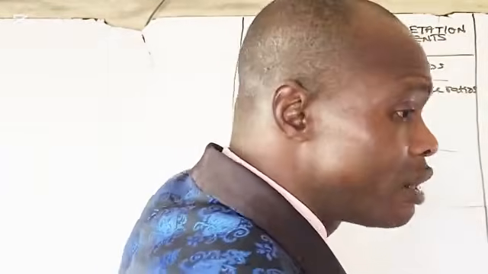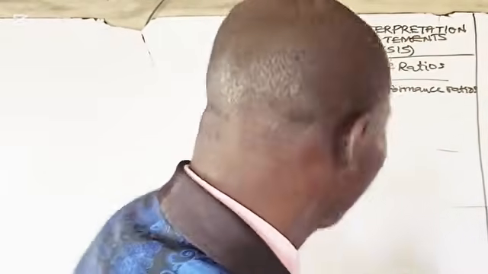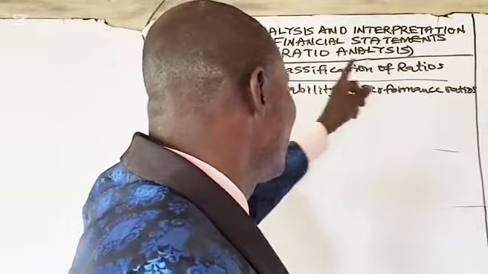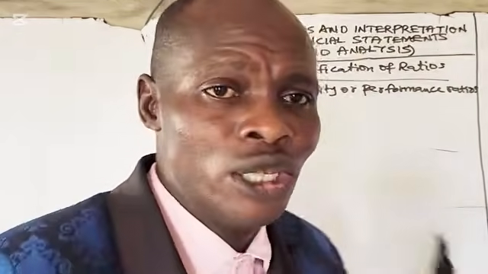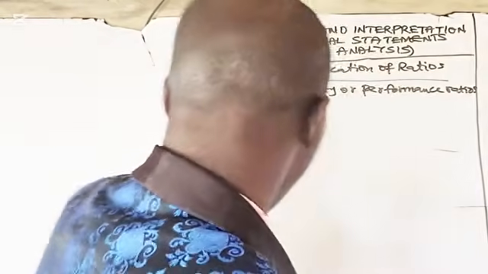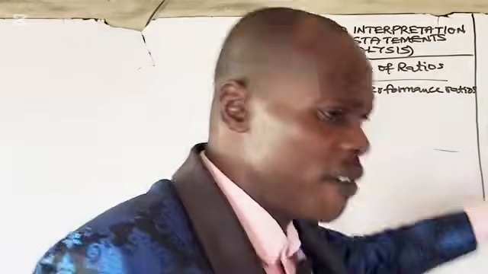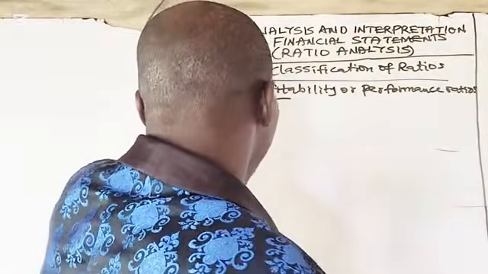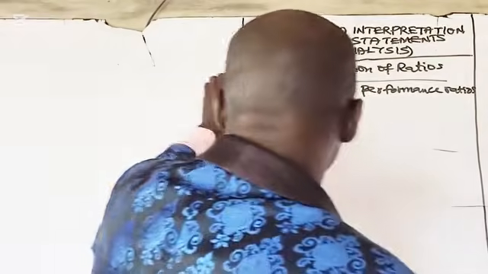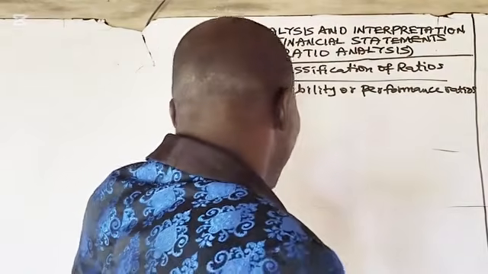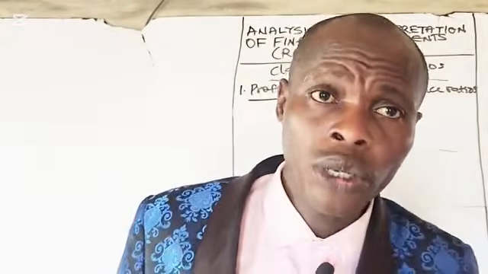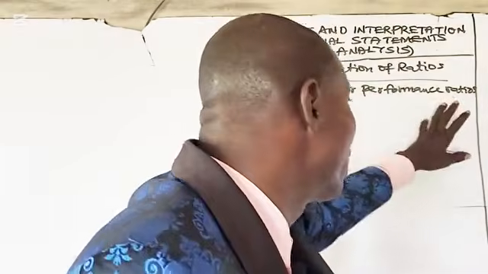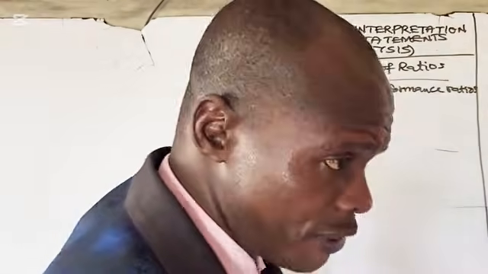By profitability ratios, it means one of the variables used in calculating these ratios is profit. That means profit is used as a measure of performance. That is why the profitability ratio is also called the performance ratio.